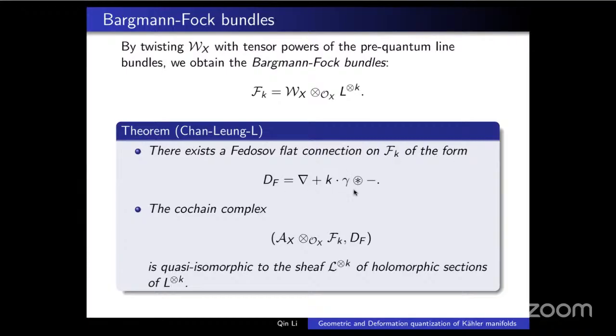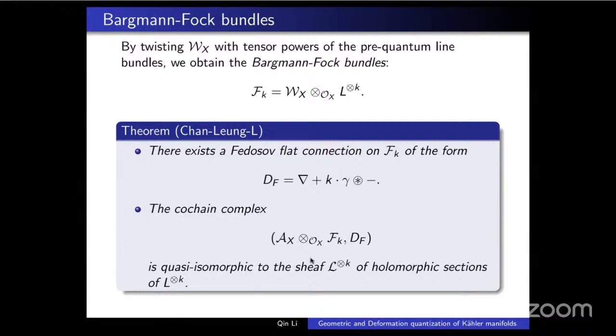You can see that it's very similar to Fedosov's original connection. The only difference is that you replace the bracket with respect to the Weil product by this Bargmann-Fock action here. And it turns out this cochain complex, so this D_F squared is also 0.